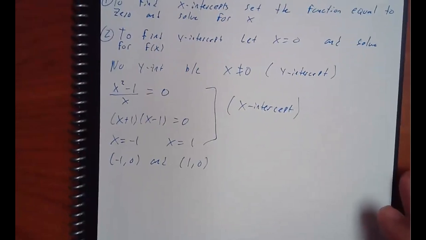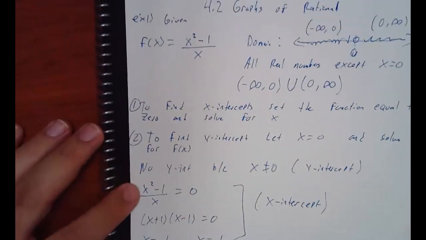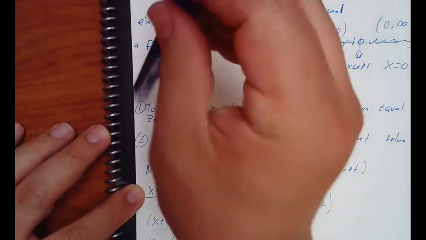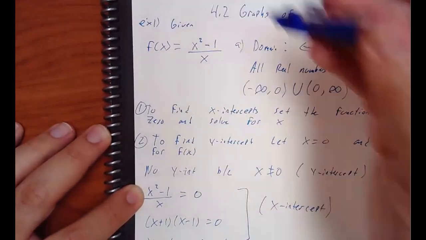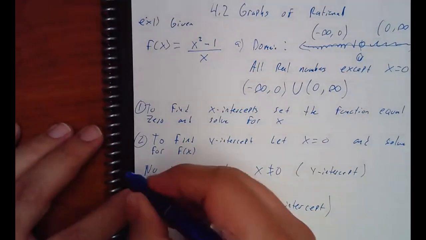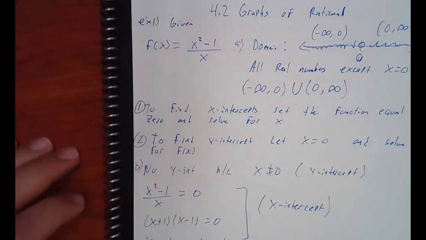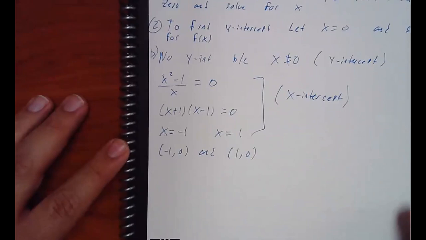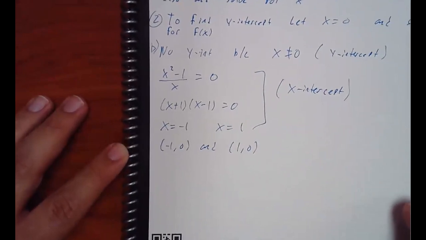Okay, so this is part A right here. This is part B. Part C is find the asymptote.